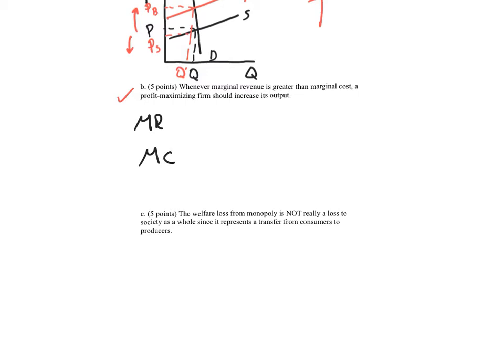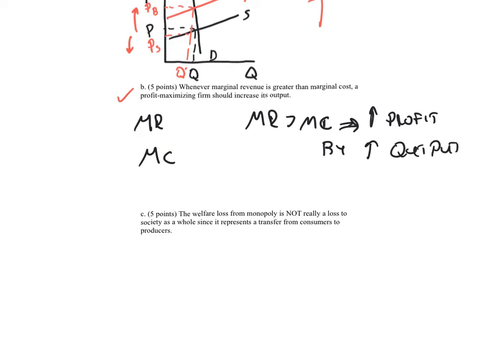And so as long as the marginal revenue is greater than marginal cost, then the firm can increase its profit by increasing its output. So this is true.